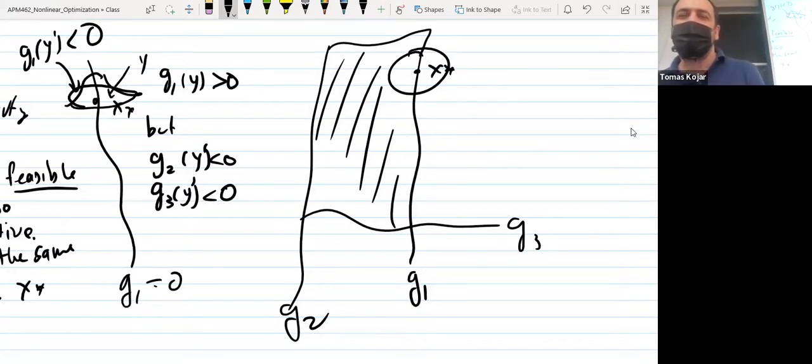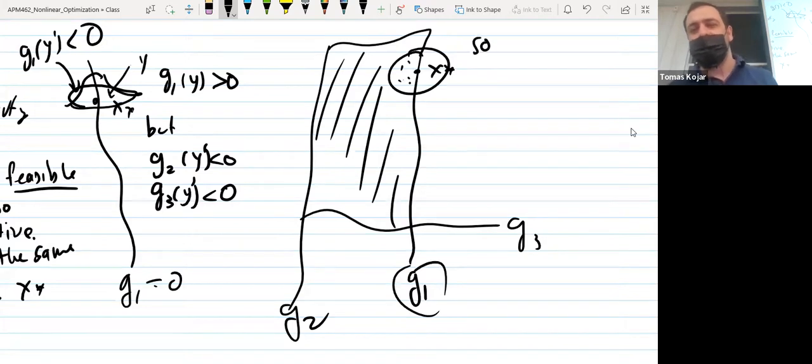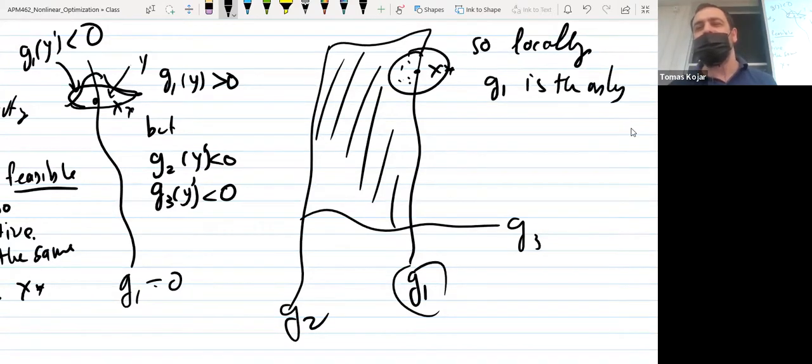We'll talk about it. The point is, if they are feasible, so you're inside, they have the same issue with active, inactive, only mattering for G1. So locally, G1 is the only issue of being active or inactive.